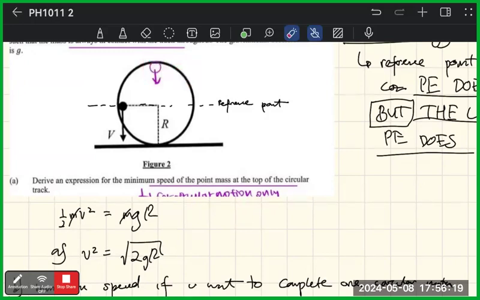But if the normal force is 0, then there will be no normal force, or we can just say that it's not touching the track. So you have to touch the track.